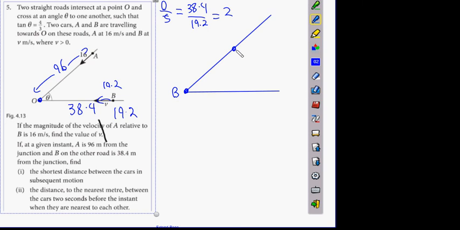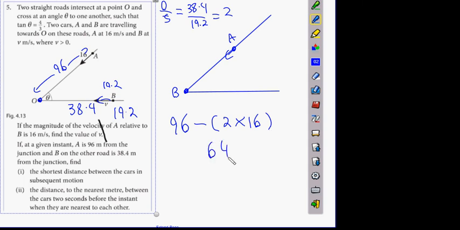How far is A going to be away at that time? Can you tell me how far A is going to be away? It's going to be 96 meters, take away 2 multiplied by 16, because it travels for 2 seconds at 16 meters per second. So 64. 64, yeah?